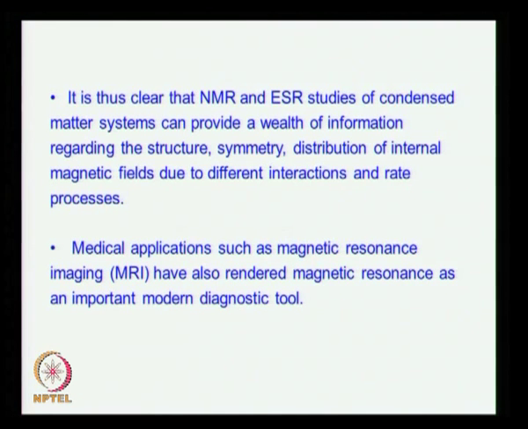Now, I should mention medical applications. For example, magnetic resonance imaging, MRI, has also rendered magnetic resonance an important modern diagnostic tool. Well, magnetic resonance can provide a very high resolution probe into condensed matter.